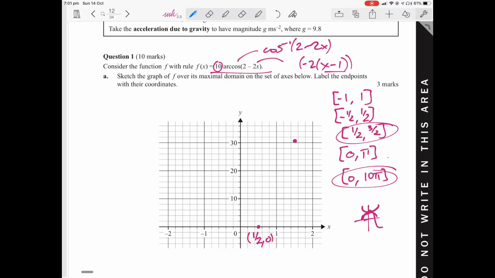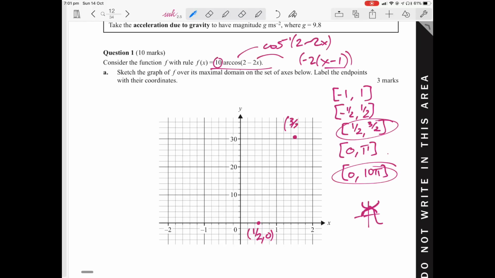So 1/2, 0, and 3/2, 10 pi. The halfway mark is going to be 5 pi, which is around 15. It's going to look like that. Looks like a cos inverse graph, that's good enough.